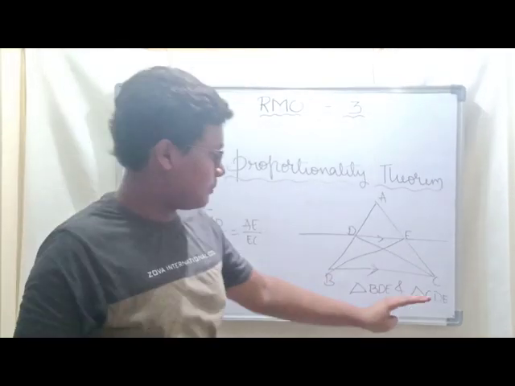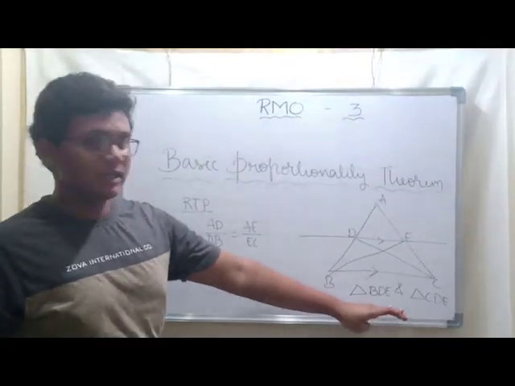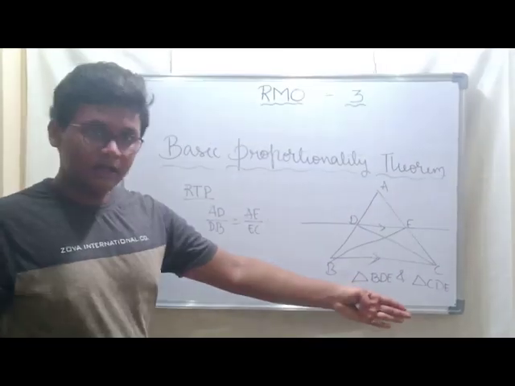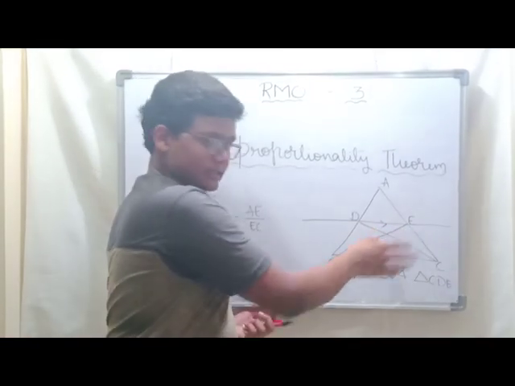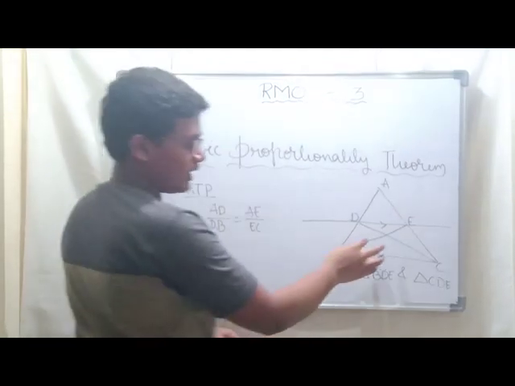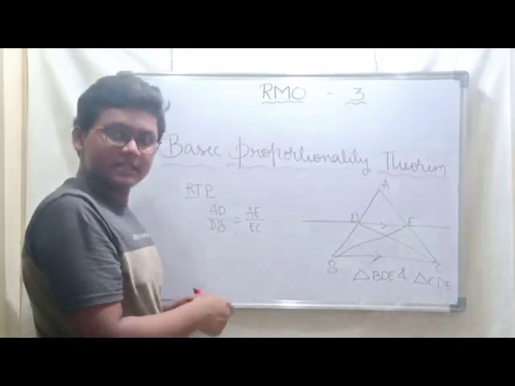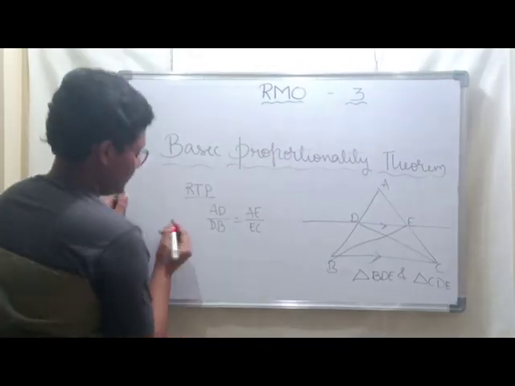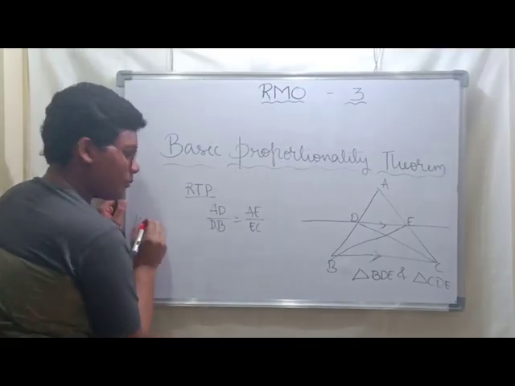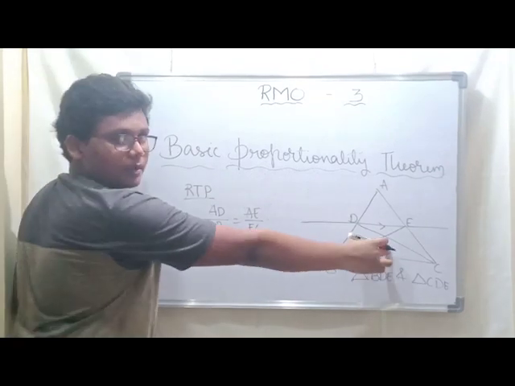One property of a trapezium is that if two triangles are drawn in it like this, then those two triangles' areas will be equal. It's a property of trapezium.